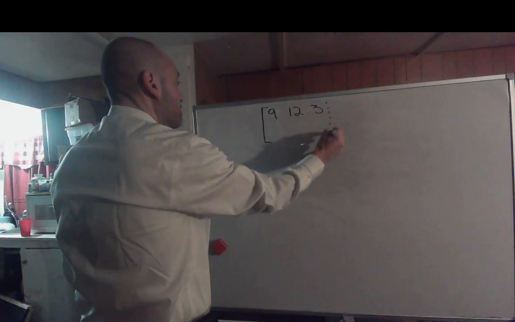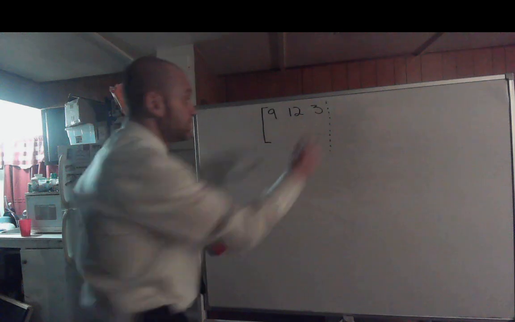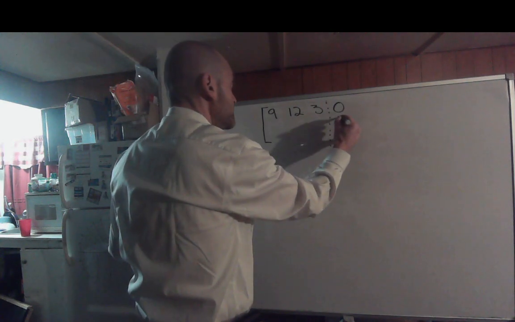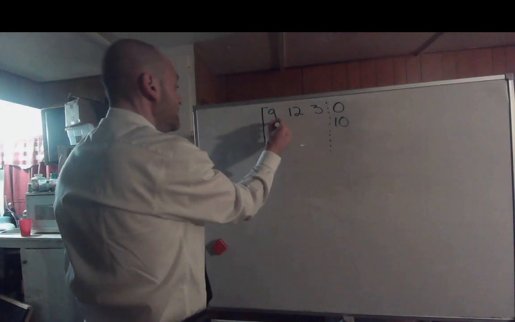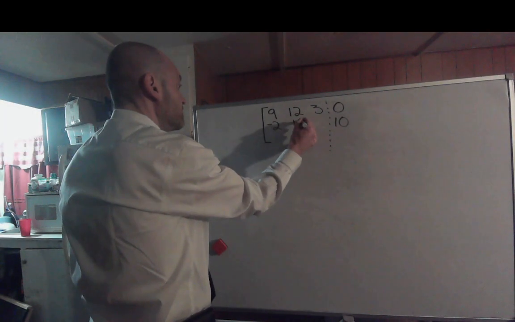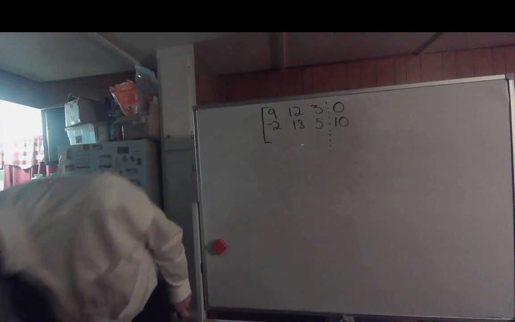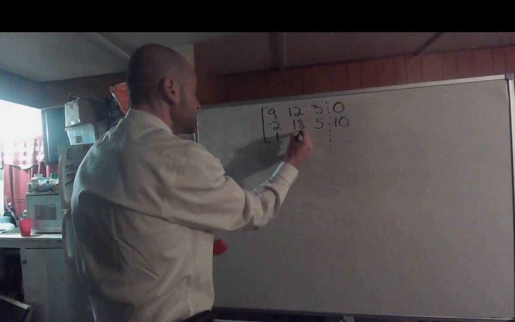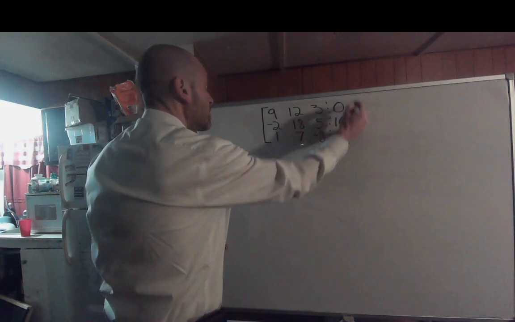Then our augmentation line, 0. Now let me see what comes to the left of it. Negative 2, 18, and 5. And then 1, 7, negative 8, and negative 4.